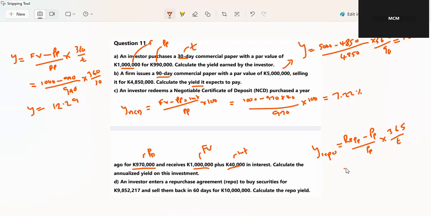So here we have the repurchase price, which is what? What is the repurchase price? 10 million minus 9.8 million over 9.8 million times 365 over 60. Okay, so this is how we calculate that.